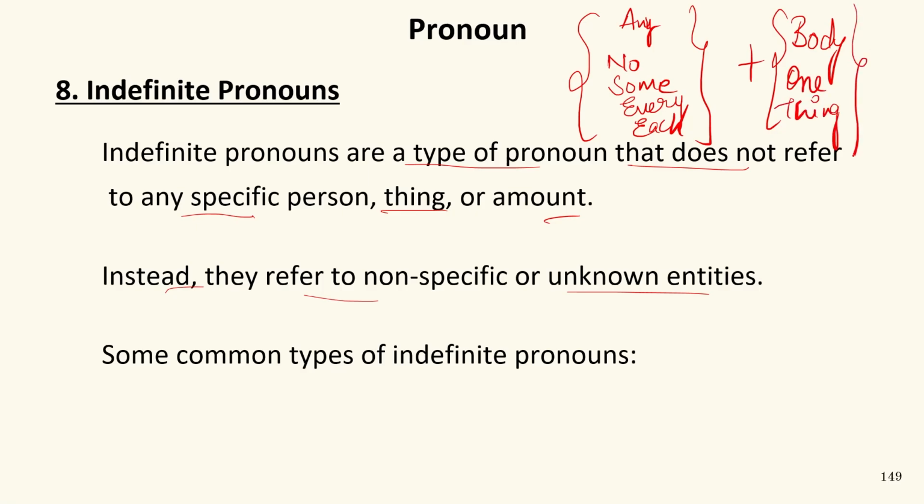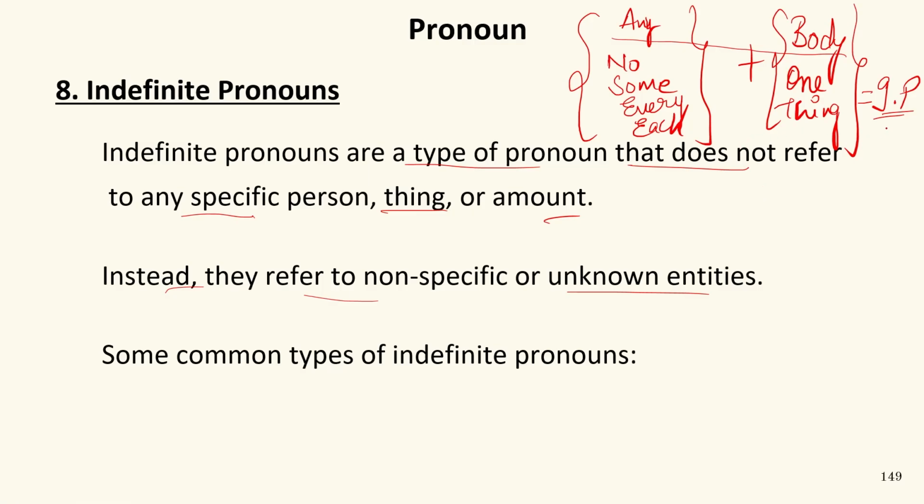Now, let us combine the words of these two groups together. The thing that we get is known as indefinite pronoun. Like anybody, nobody, somebody, everybody, anyone, anything, no one, nothing, someone, something, everyone, everything, each one, each thing. So by combining these two words together, the word that we get is known as indefinite pronoun. For example, anybody, anyone, anything, and so on.